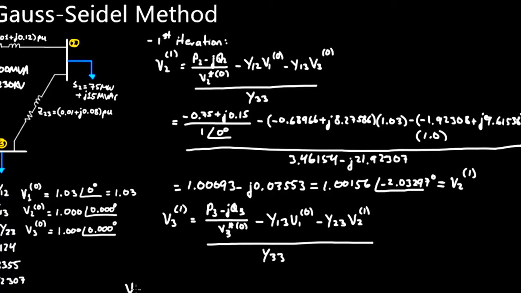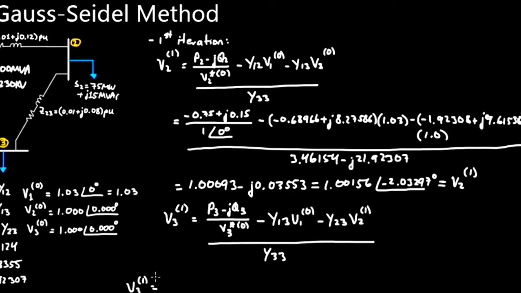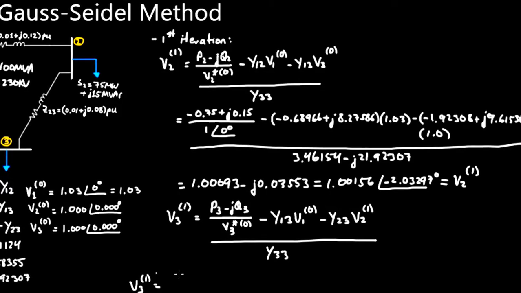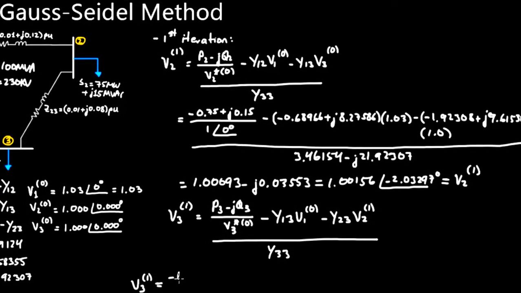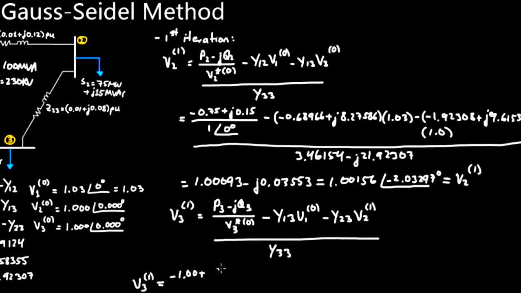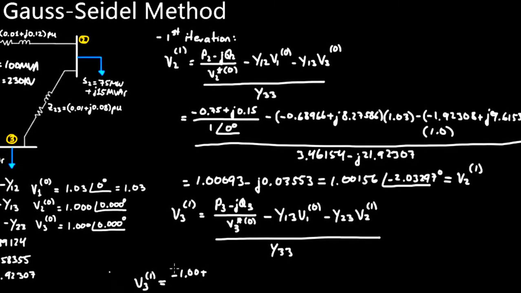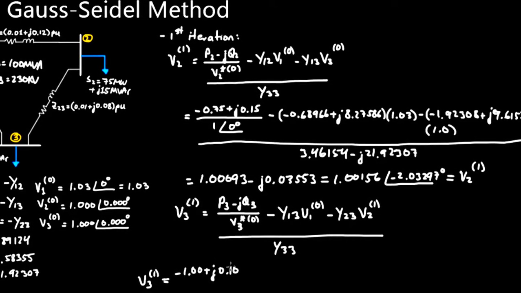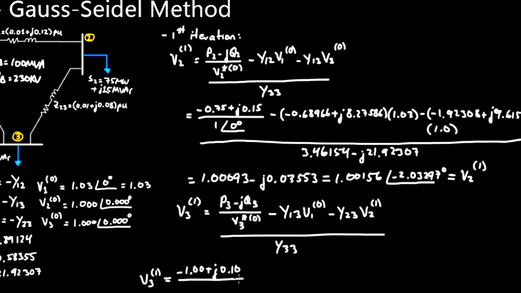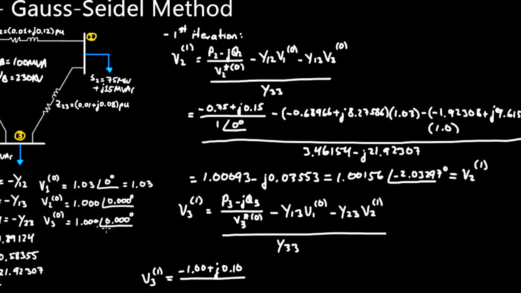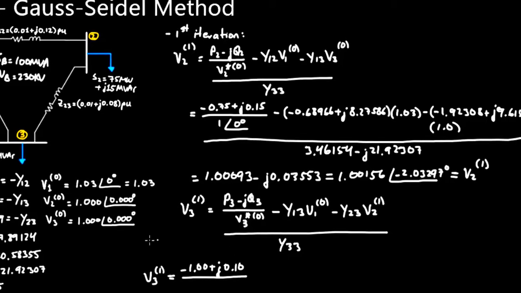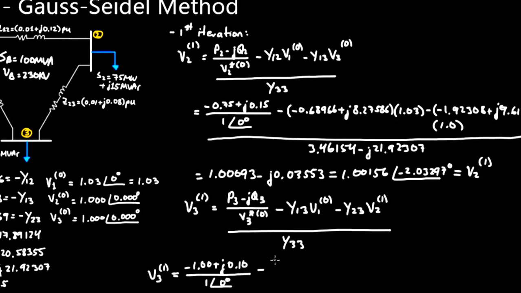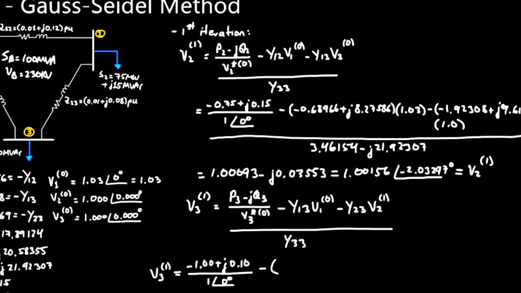So V3 of 1, and again I'm going to try to fit everything over here. So that's going to be this power over here, S3, so minus 1.00, and again the reactive power would be opposite to this, so plus J 0.10 over V3 of 0 conjugate, so this number, of course 1 and an angle of 0, conjugate of that is just 1. So 1 and an angle of 0, then minus Y13, which is over here.